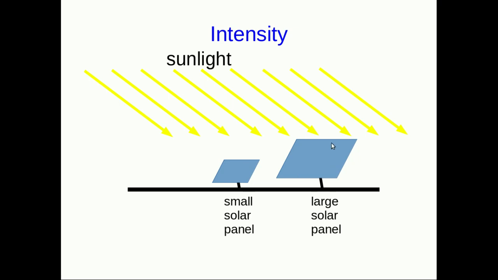And so that's why the large solar panel collects more energy, because it's catching more of the light and the light is carrying a certain amount of energy per unit area. So this idea gives us intensity, which is the power delivered, so that's energy per unit time, per unit area. And we'll write that I is P for power over A for area.